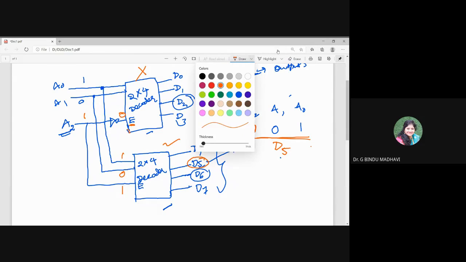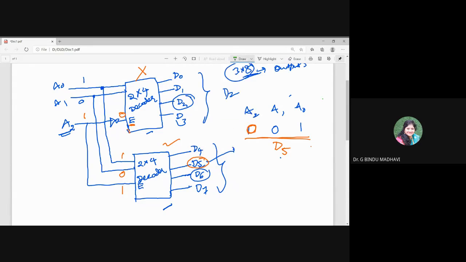If A2 equal to 0, what will happen? If you supply 0 here, it doesn't work, right? The 2 by 4 second decoder doesn't work. What about the complemented value equal to 1? The first decoder will work, and the input will be forwarded as it is.